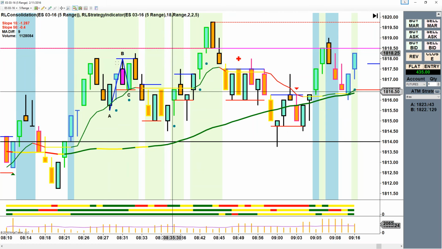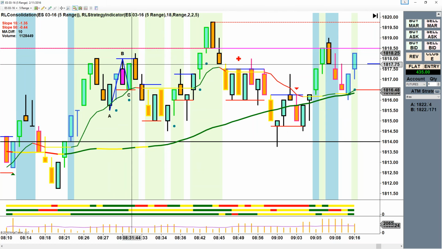No background bias, nothing. The triple quants right here were enough to pull this trade right down. They're really helpful to trade. They really, really are. So we finished with, can't even see, 435.